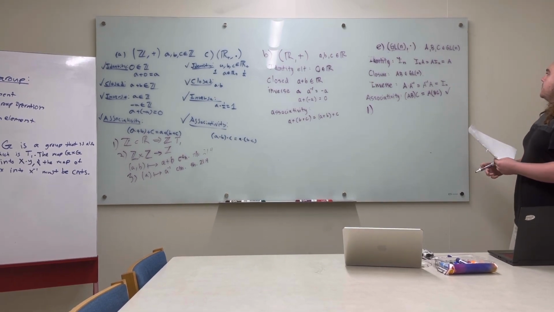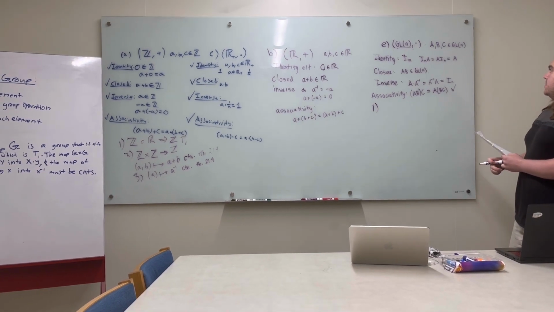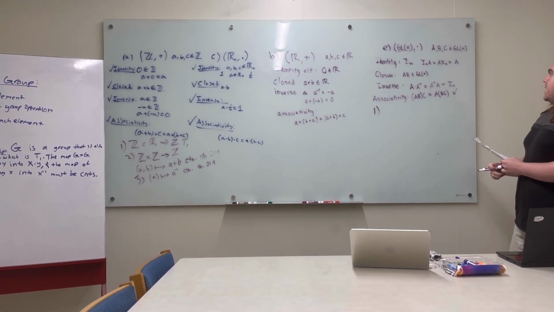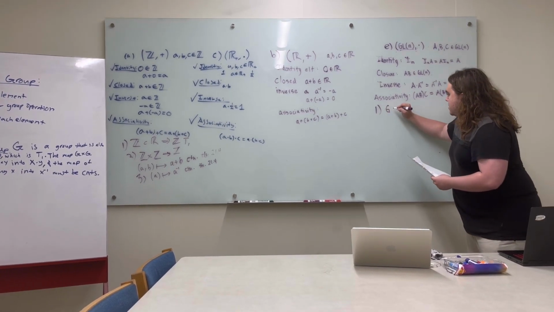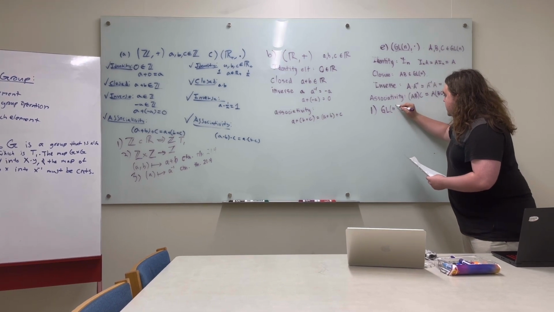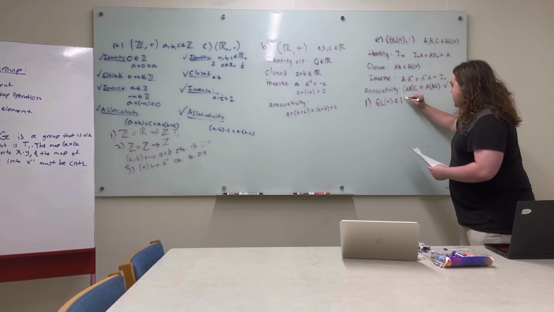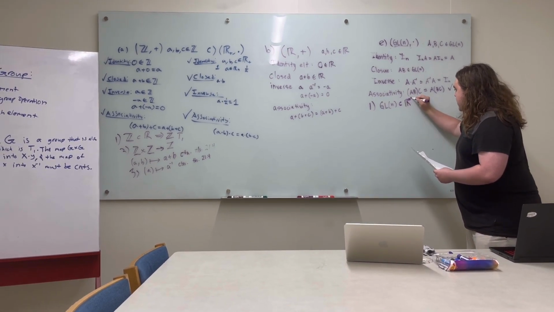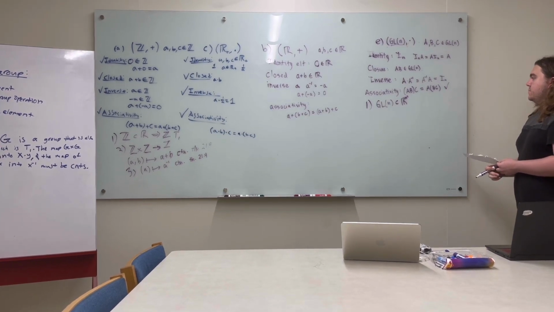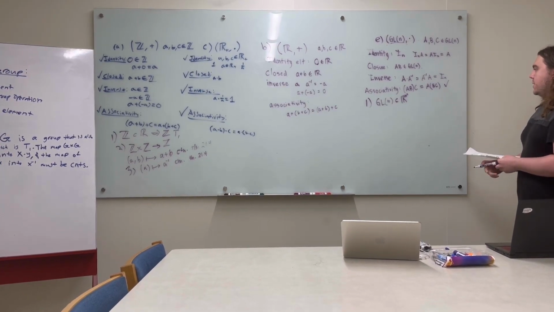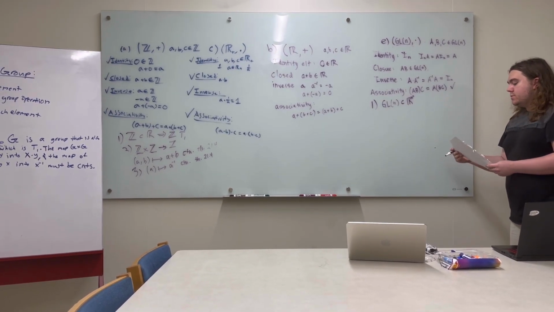If we just simply think of GLN, we can think of GLN as being a subset of R^(n squared). And if we think about it that way, then this is T1, which implies that GLN is T1.